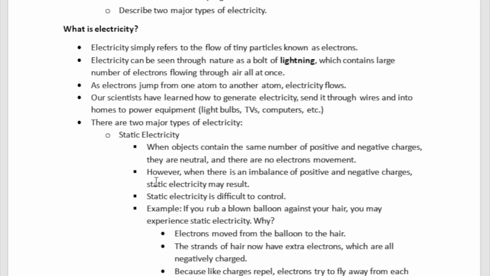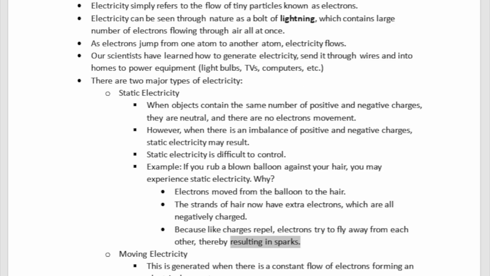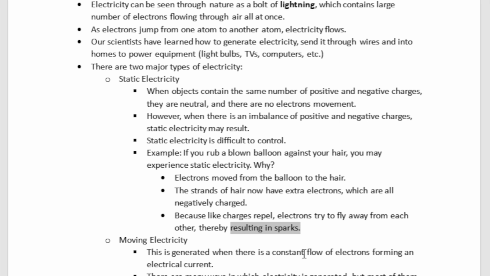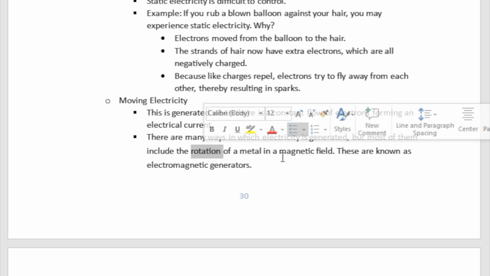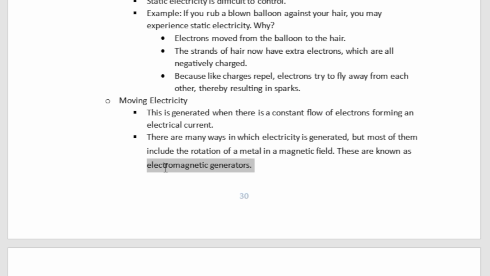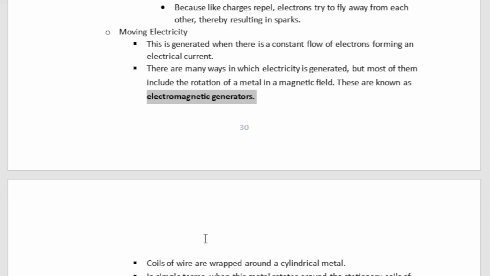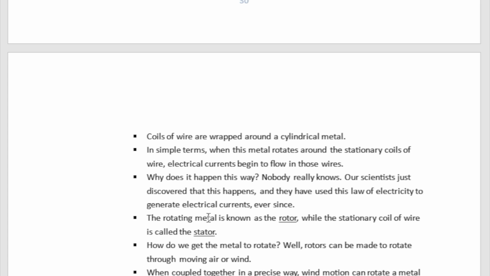And the second type of electricity is moving electricity. This is generated when there's a constant flow of electrons forming an electrical current. There are many ways in which electricity is generated, but most of them involve what we call rotation of a metal in a magnetic field. This is called electromagnetic generators, and it's very important for you to understand how that happens.